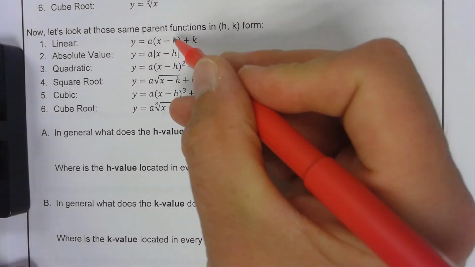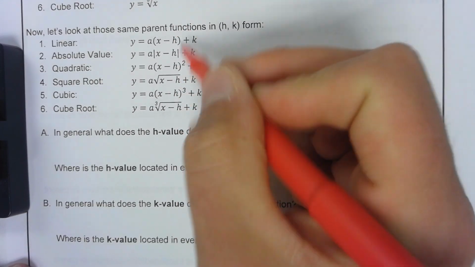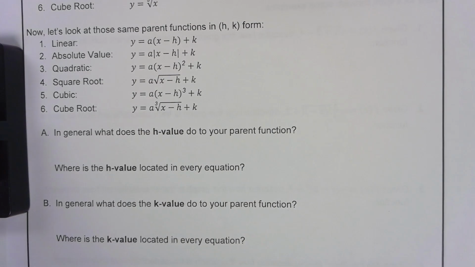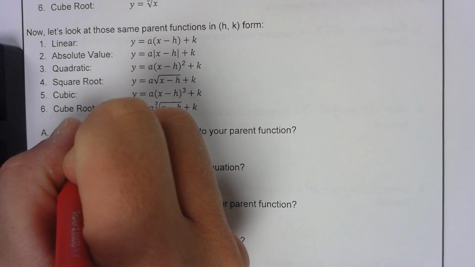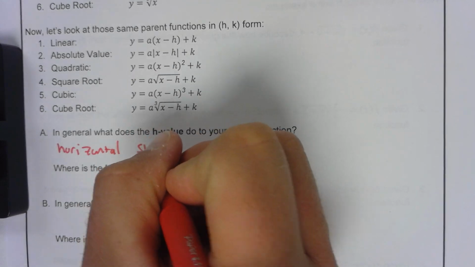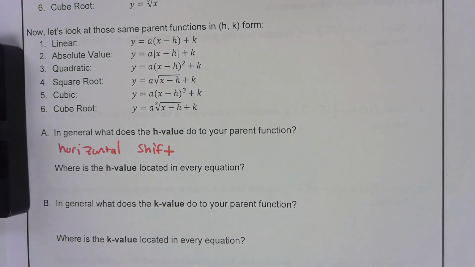In general, this H value is added or subtracted next to the X. The reason I start with that is it helps me figure out that the H value is our horizontal shift. That's going to take our parent function and move it either left or right.